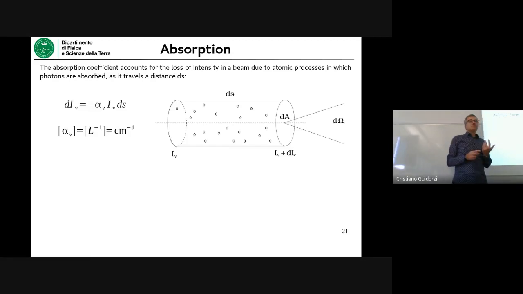And then it's proportional to ds: the longer the path and the more absorbing atoms the radiation will come across. And there's also a coefficient, alpha_nu, which is length to the minus 1. In a moment, I will prove where this comes from.